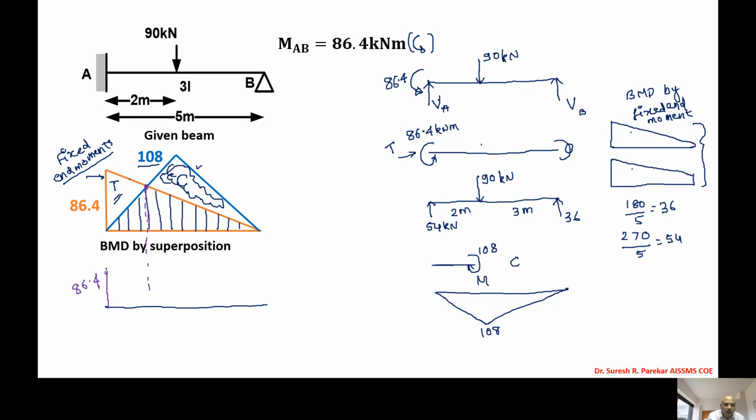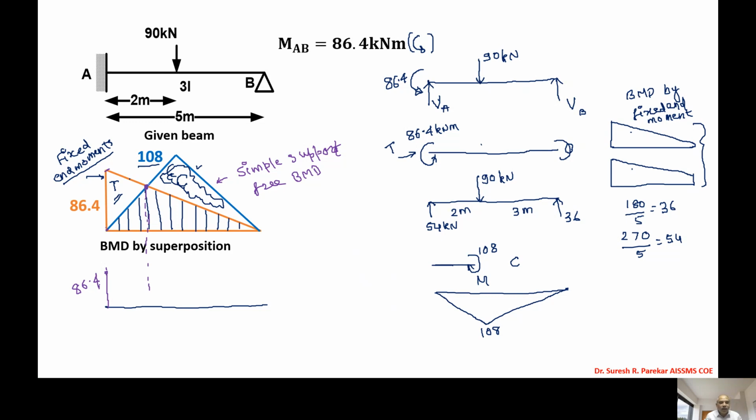Now why do we have 86.4 here? Because this diagram is due to simple support, or I can say better, the free BMD. This is the free BMD, and here the value of free BMD is 0. The value of the fixed end moment is 86.4. So 86.4 minus 0, 86.4.